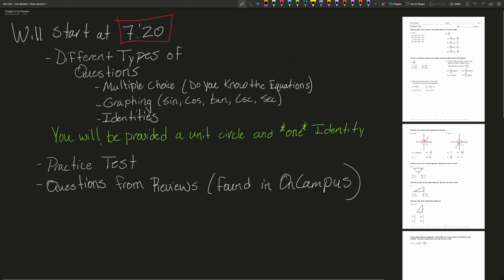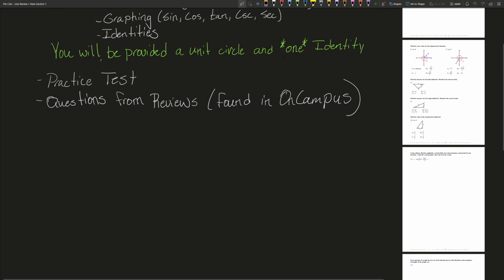First type of question, and probably the most basic question that you'll see, has to do with coterminal angles. If you recall from class and other videos, coterminal angles are basically the same angle. They're just one rotation of a circle different, either greater than or less than the original angle.